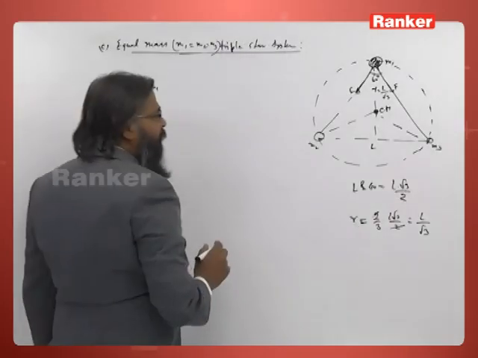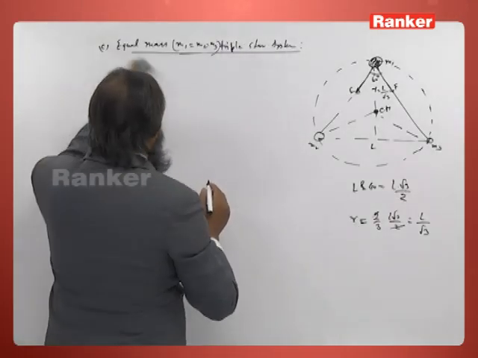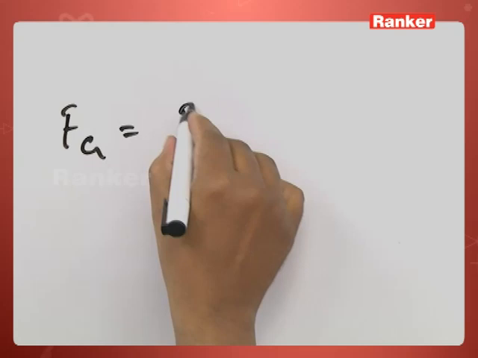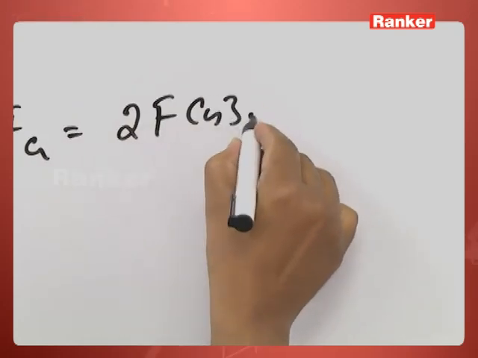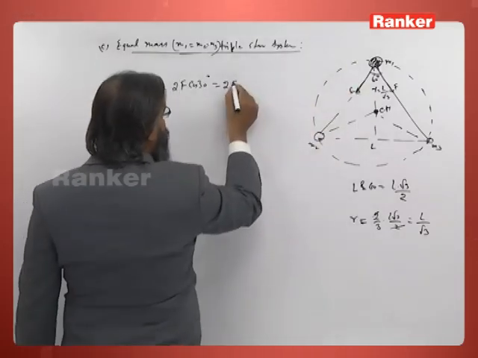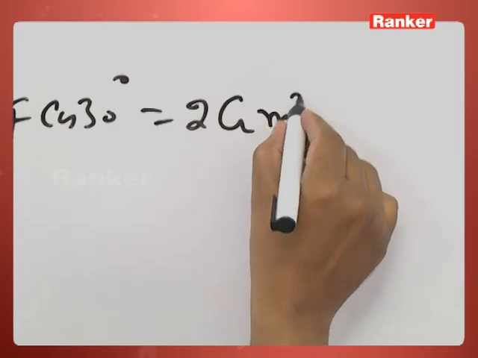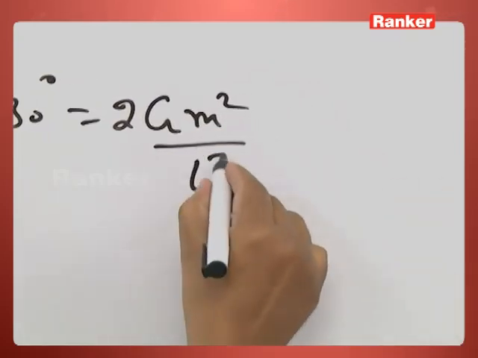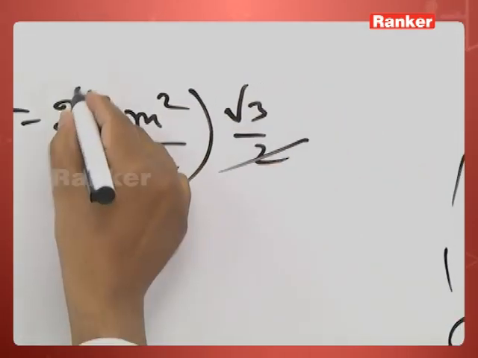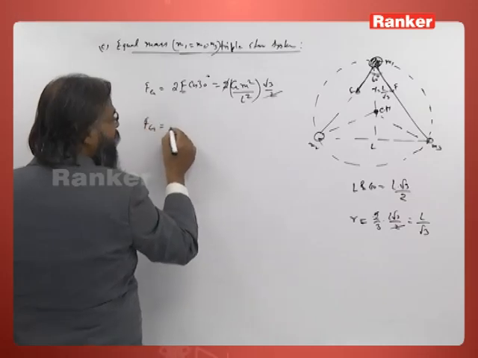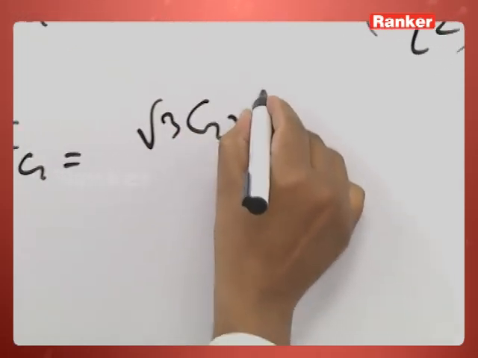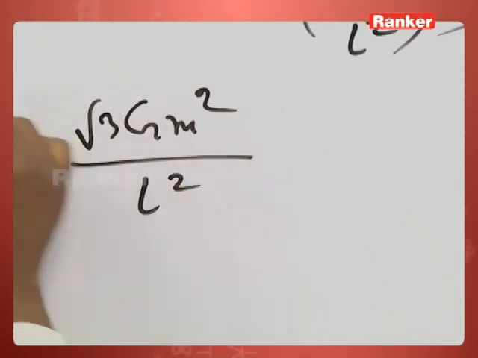So, the gravitational force is equal to 2 times F cos 30 degree, where F is the force of interaction between them, that is G m square upon L square, and cos 30 is root 3 by 2. So, force due to gravity towards the center of mass becomes root 3 G m square by L square.